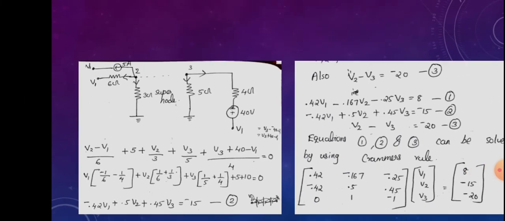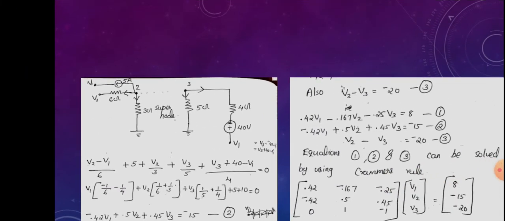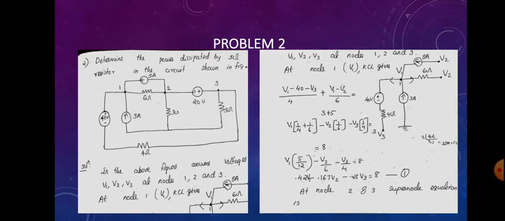And here we have to notice that 5 ampere current source is connected to node 2. 6 ohm resistor is connected to node 2. And both of these components, other ends are connected to node 1. So V1 will be the node voltage in the case of 6 ohm and 5 ampere current source. And also 3 ohm resistor is connected to ground potential, so 3 ohm can be connected like a ground.